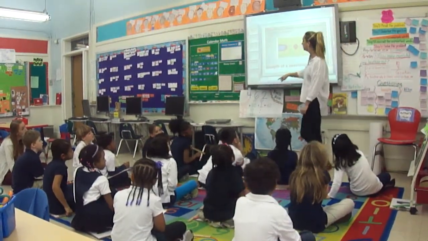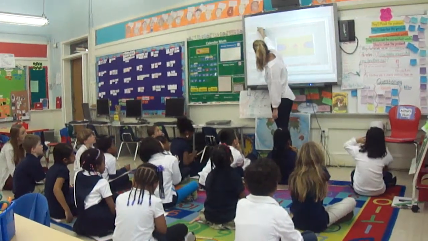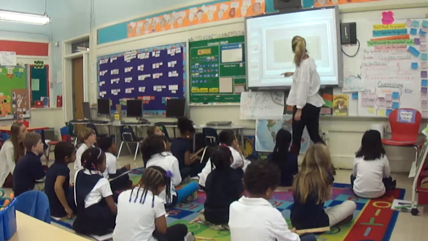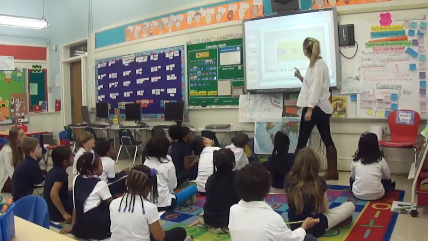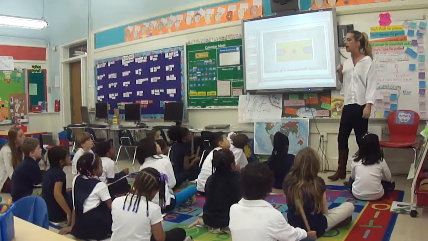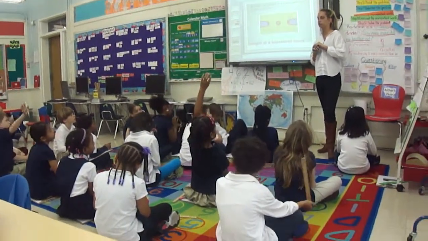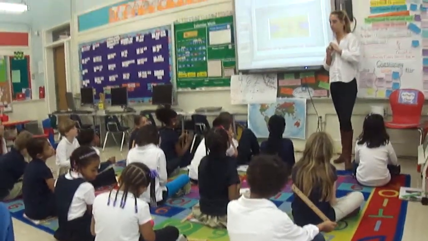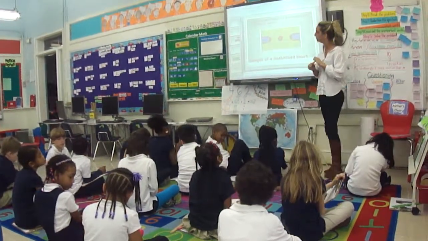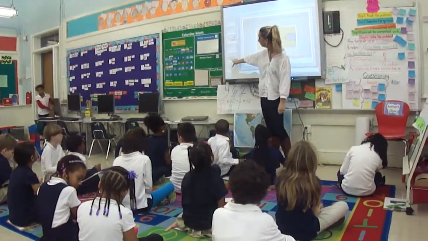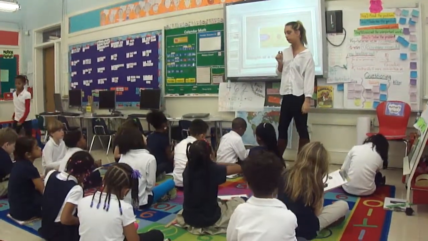So I want you guys to think. If a football field is 100 yards and a basketball court is 28 yards, how can we tell what the difference in length is between the two? Kata? The basketball court is smaller.